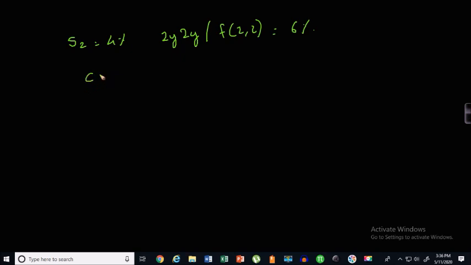Calculate the 4-year spot rate. How will we do this? This is very simple. Again, in the first 2 years I'm making 4% each. After those 2 years, for the next 2 years I'm making 6% each. So how much am I making in total?